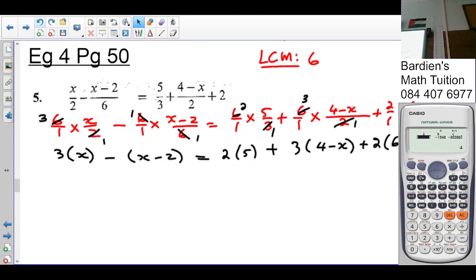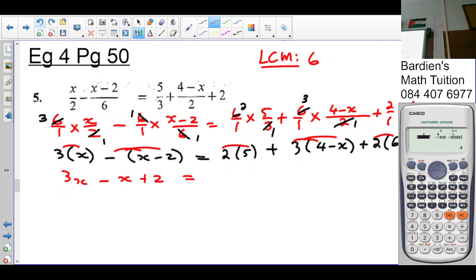Right, so let's go. Get rid of the brackets. So what's 3 times x? 3x minus x plus 2 equals 10 plus 12. So what do I do now?